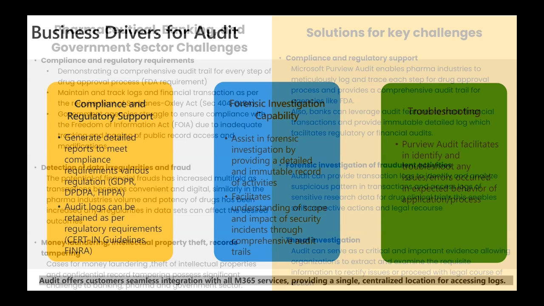Similarly, in the banking industry, if you look at the right side of your slide, banks can leverage audit features to track financial transactions that are happening. And in certain scenarios, this also helps monitor and prevent money laundering, IP theft, record tampering, etc.